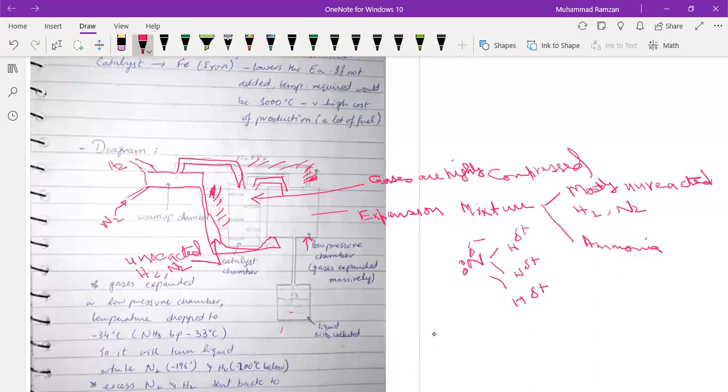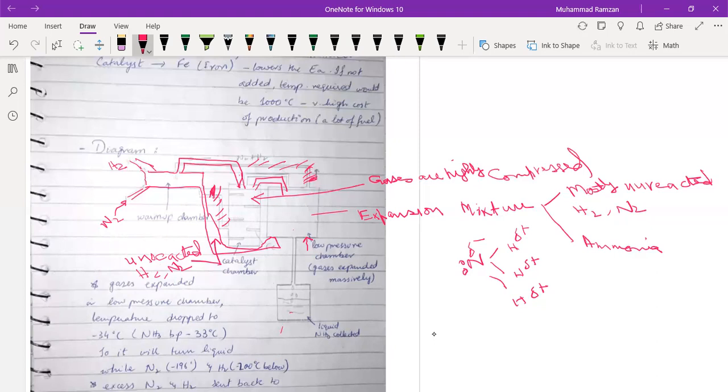When a molecule has a lone pair and also a partially positive hydrogen, it is capable of developing hydrogen bonds, and hydrogen bonds are the strongest intermolecular forces. While compressed in this chamber, when gases are close enough, hydrogen bonding operates between ammonia molecules.